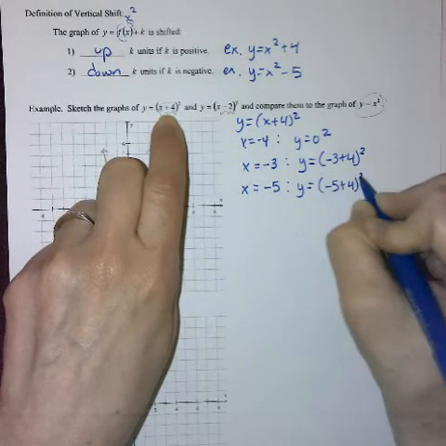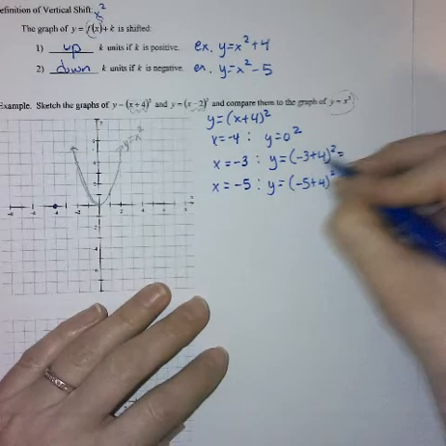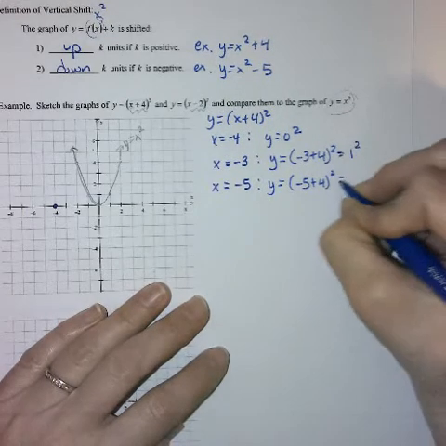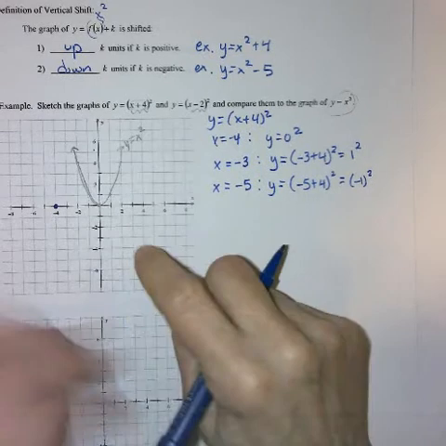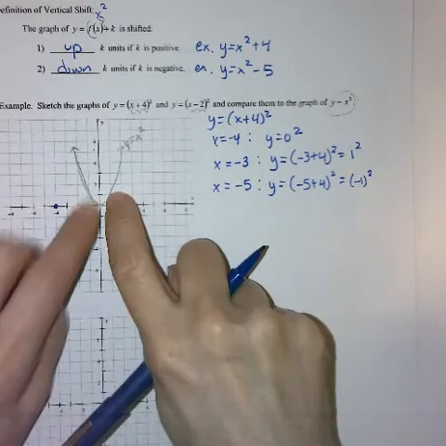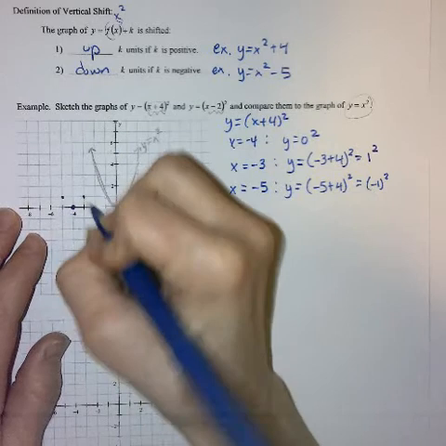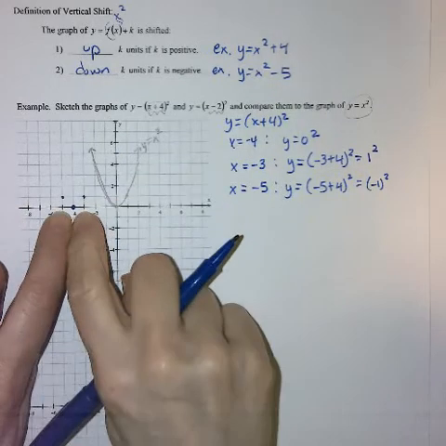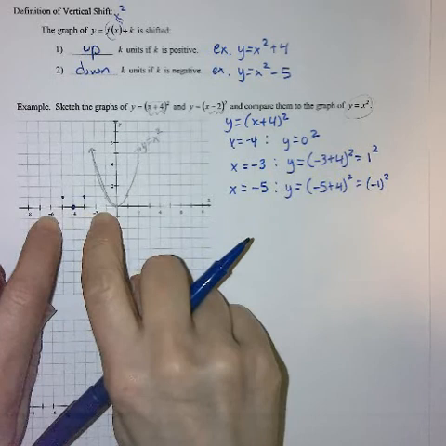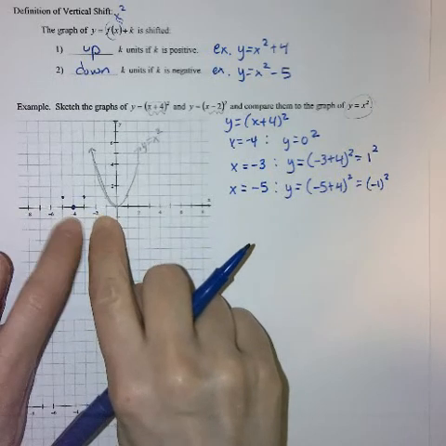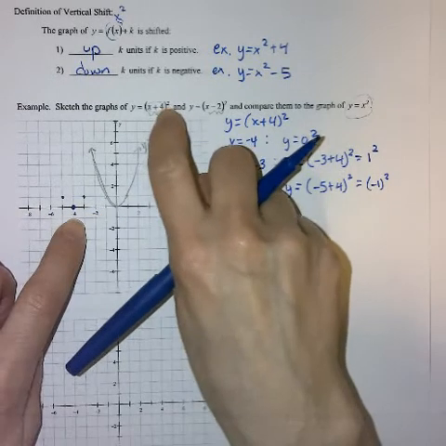Notice that's when you're going to get the 1 squared or the negative 1 squared like you did in the original. And so here's where you're going to get the 1. And then you can do a similar thing for negative 2 and negative 6. Those are the things that are 2 units away from the center, which is the negative 4.